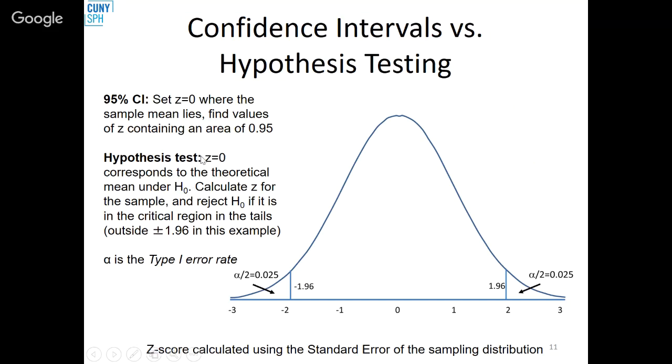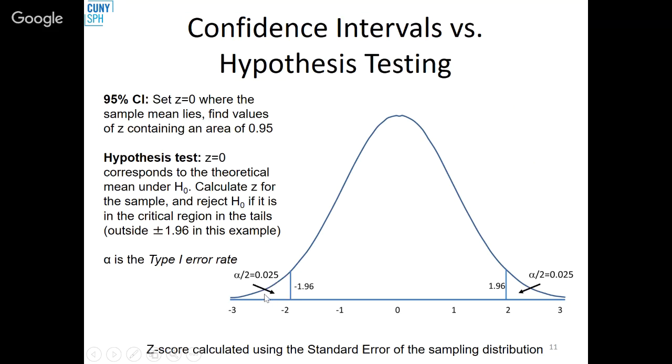So in this case, z would be the sample mean minus this mean under the null hypothesis divided by the standard deviation. In doing that, we would calculate a value of z, and then we would reject the null hypothesis if it is outside of this critical region.